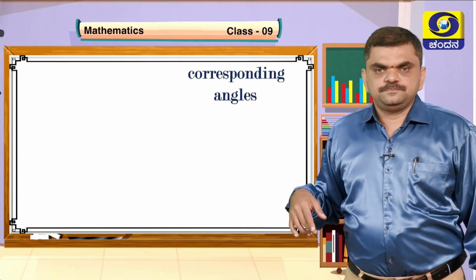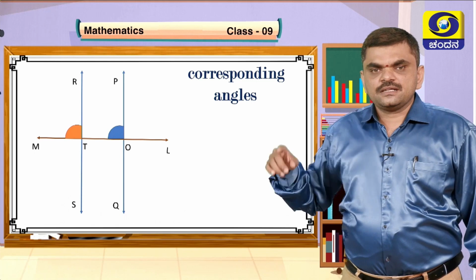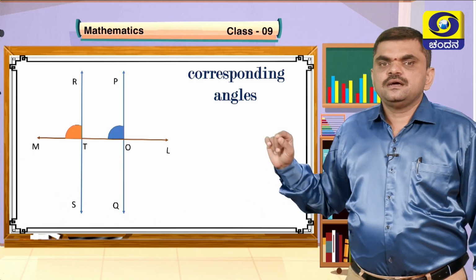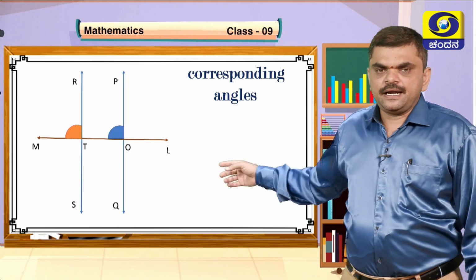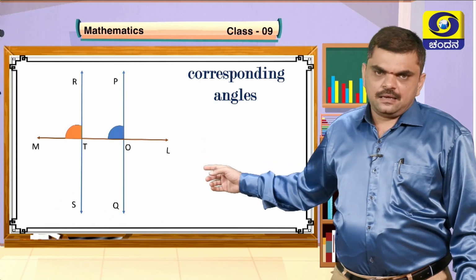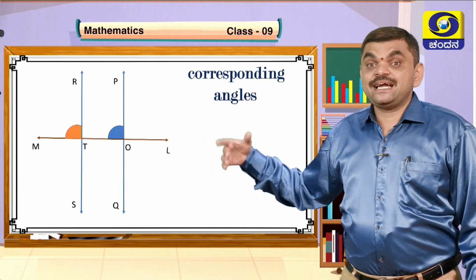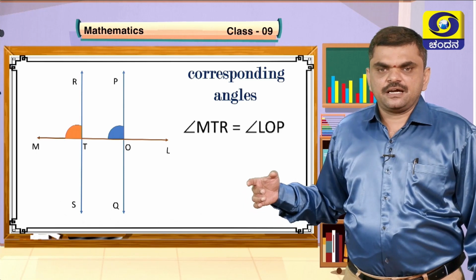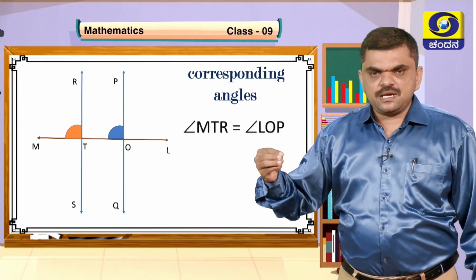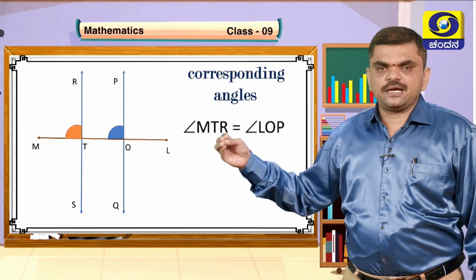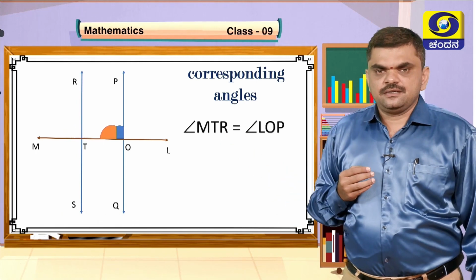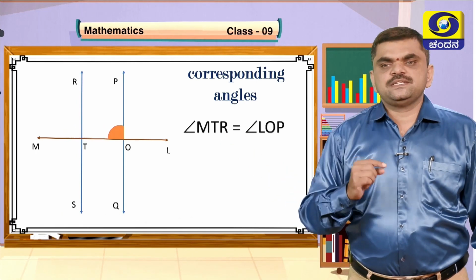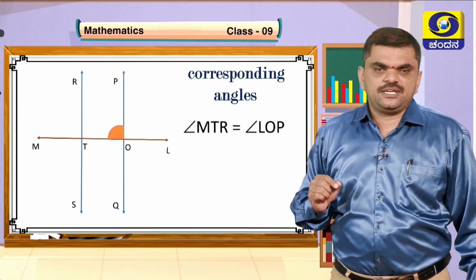Now, let us see the corresponding angles here, angle MTR and angle POL. These are the corresponding angles. Let us check whether they are equal or not. The axiom is telling us angle MTR is equal to angle LOP. Just check, children. Yes, it is coinciding, it is superimposing on each other.